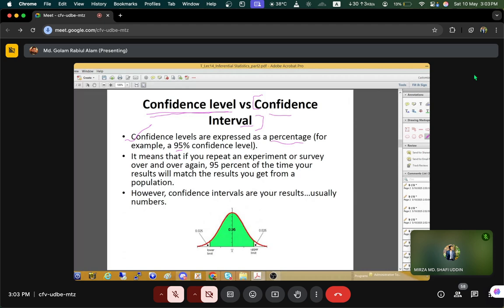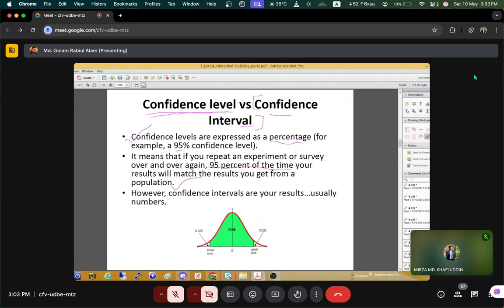When you state the statistic, you are 95% confident about it. What does it mean? If you repeat the experiment or survey again and again, then 95% of the time it will prove your statement. That means 95% of the time your result will match the results you get from the population.